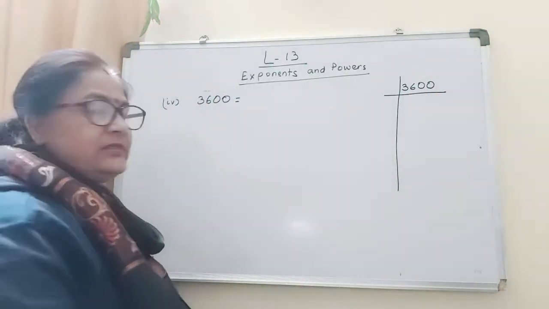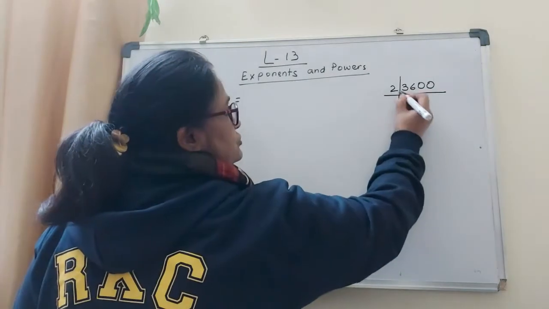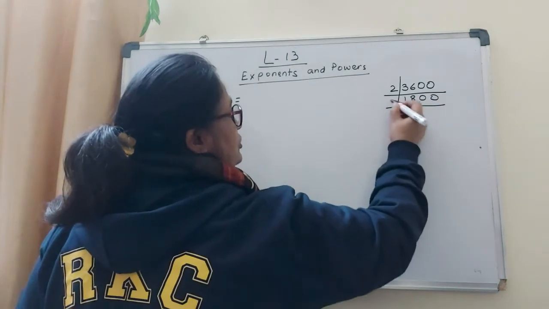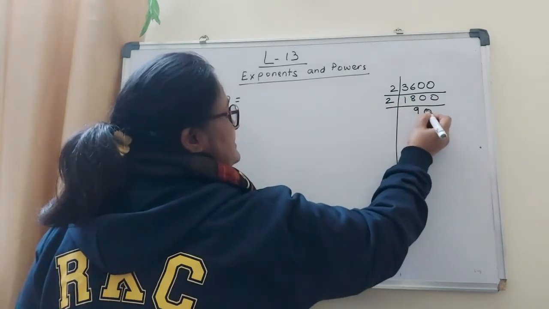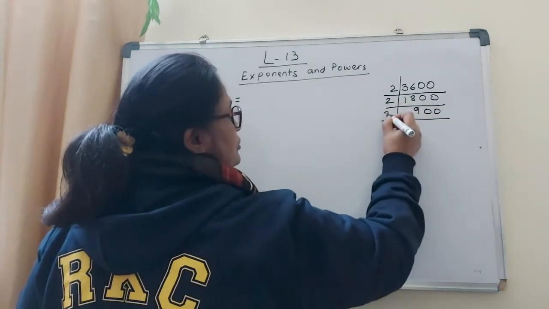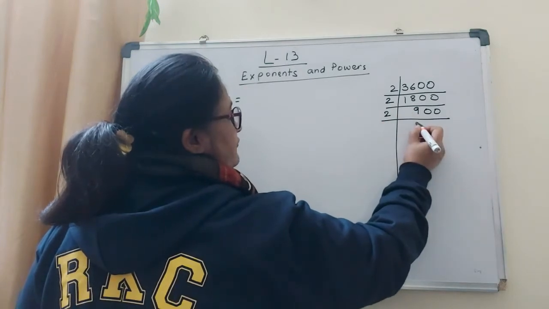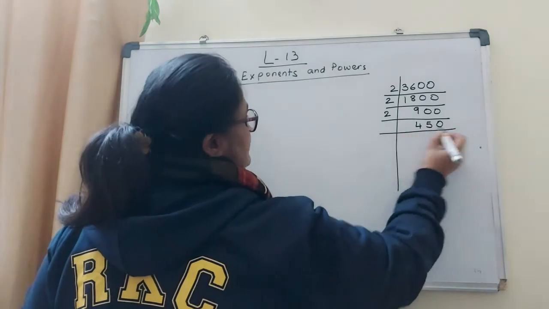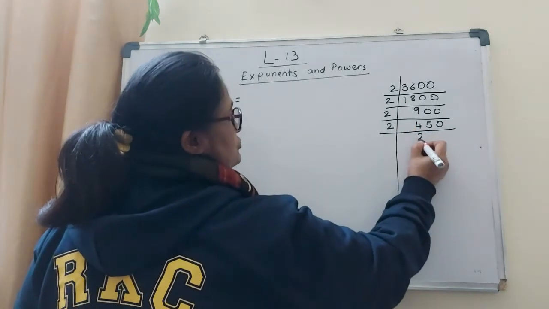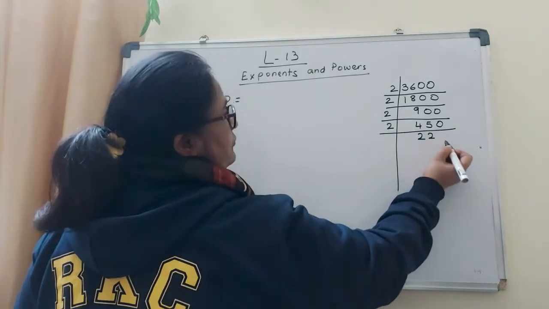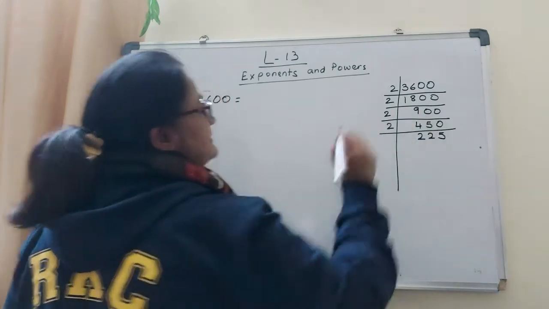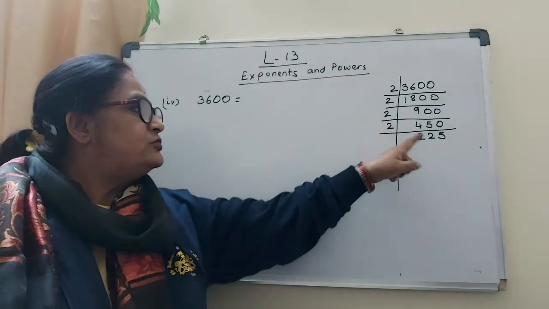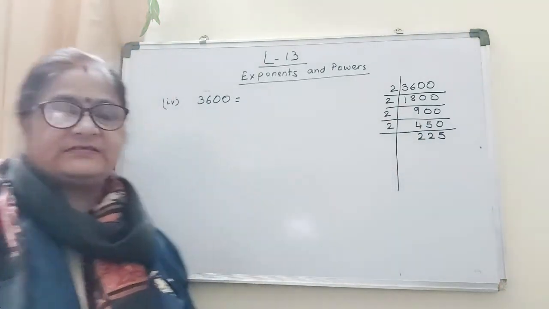So we start with 2. 2 ones are 2, 2 eights are 16. 0, 0. 2 nines are 18, 0, 0. 2 twos are 4, 2 fives are 10. Again with 2. 2 twos are 4, 2 twos are 4, 2 fives are 10. 2 twos are 4, 2 twos are 4, remainder 1, 2 fives are 10.